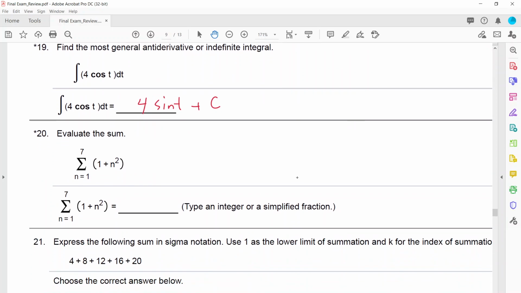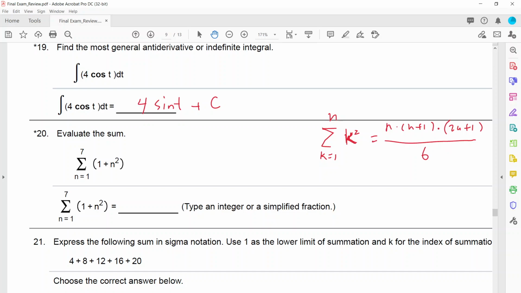To find this sum, just plug in n equal to 1, 2, 3, 4, 5, 6, 7, or just expand it. If you know this formula, the sum of k squared for k equal 1 to n, the sum of the squares of the first n natural numbers, there is a formula for that, and that is n times n plus 1 times 2n plus 1 divided by 6.